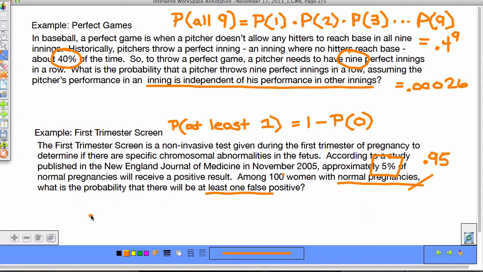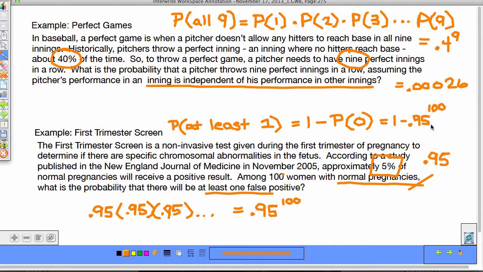So that would be a 95% chance for the first one, times a 95% chance for the second one, times a 95% chance for the third one, on and on. So really, there would be 100 of those. So that would be 0.95 to the 100th. So if I say 1 minus 0.95 to the 100th power, that would give me the probability that at least one would get a false positive, which is 0.9941.